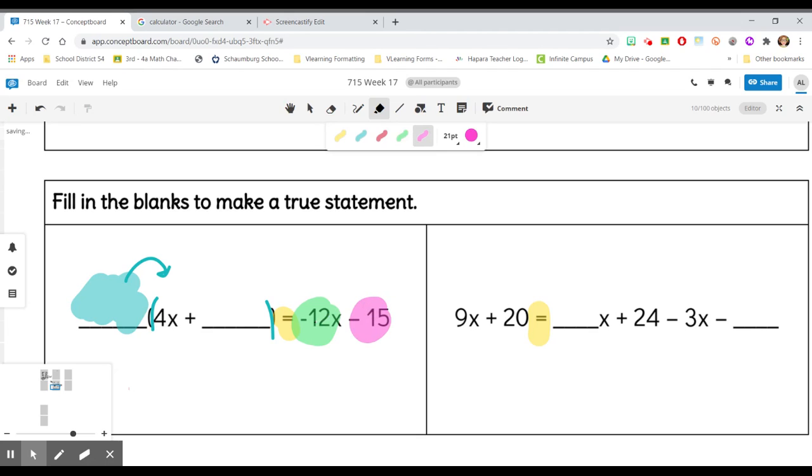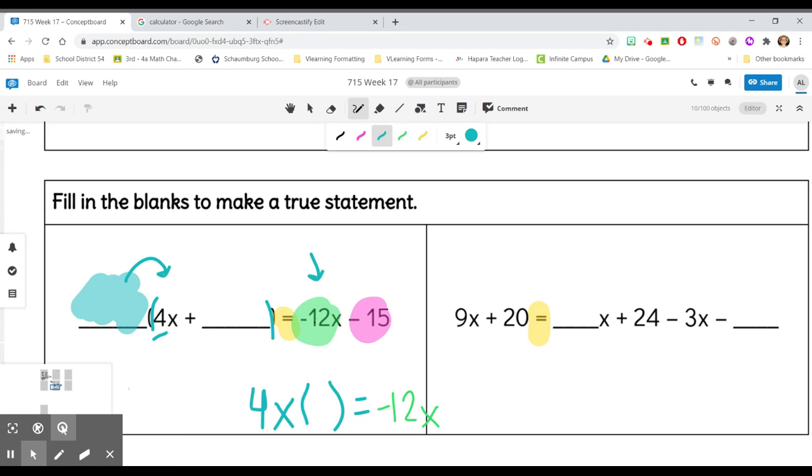Okay, so my guess here is that I need to figure out what number I'm multiplying by 4 to give me negative 12. So since 4x and 12x are both variable terms, what can I multiply by 4 to give me negative 12? I know it's got to be a negative number because a positive times a negative is negative. I found it. It's 3. So this term has to be negative 3.